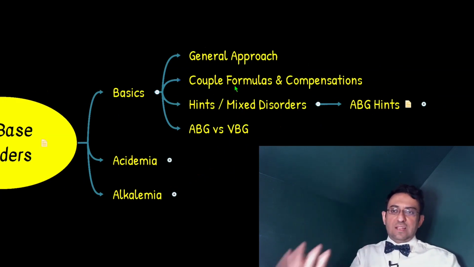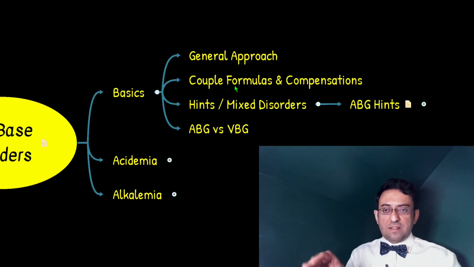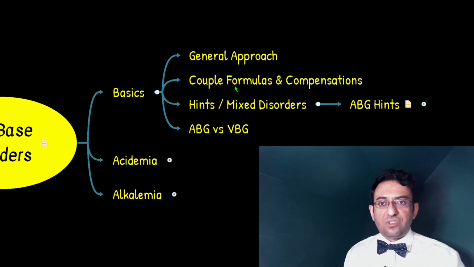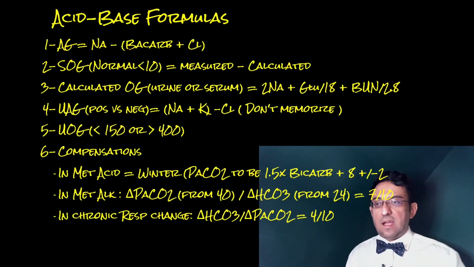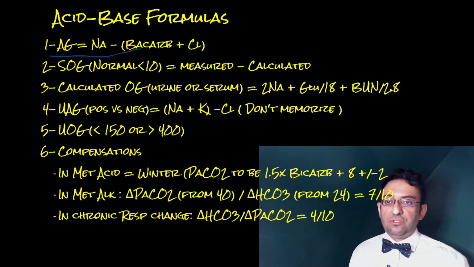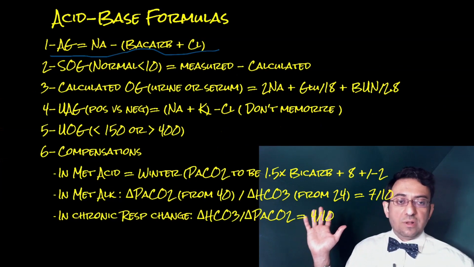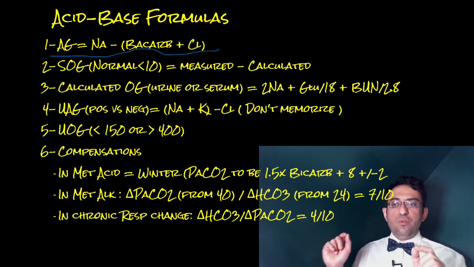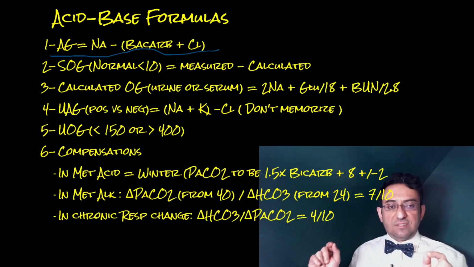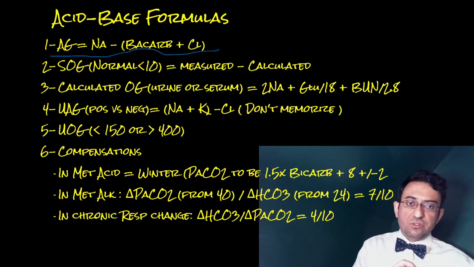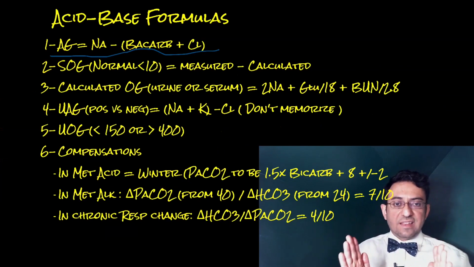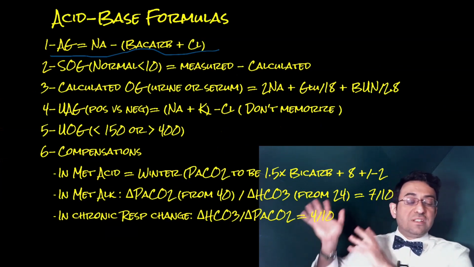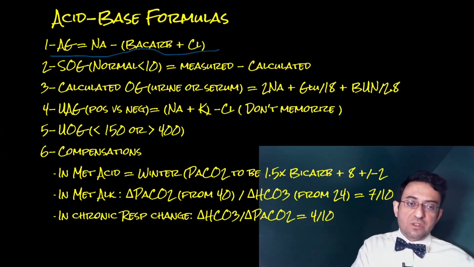However, whenever you look at the formulas, you see we have some cations minus some anions. For example, as you can see here in our first acid-base formula, serum anion gap is sodium minus bicarb and chloride. So we are literally calculating cations minus anions. So why is it so? Because the value of the measured cations minus measured anions gives us exactly the same value as unmeasured anions minus unmeasured cations.